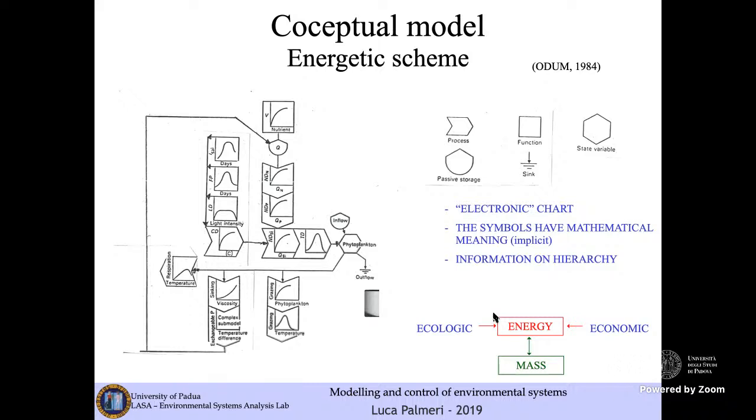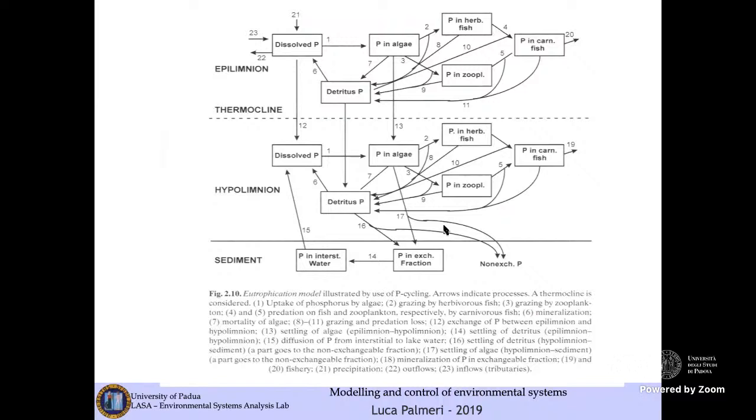This is due to the fact that, for example, when we deal with biochemical processes or when we have to do with, for example, biomass, there are some general principles like the fixed stoichiometry principle that allows us to switch easily from energetic to mass descriptions. Just to make explicit what we are meaning here, I'm proposing here a first conceptual diagram.